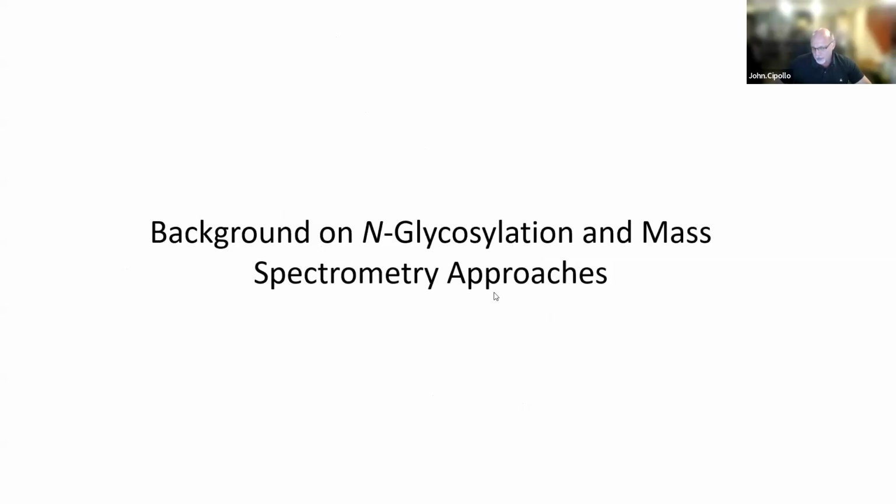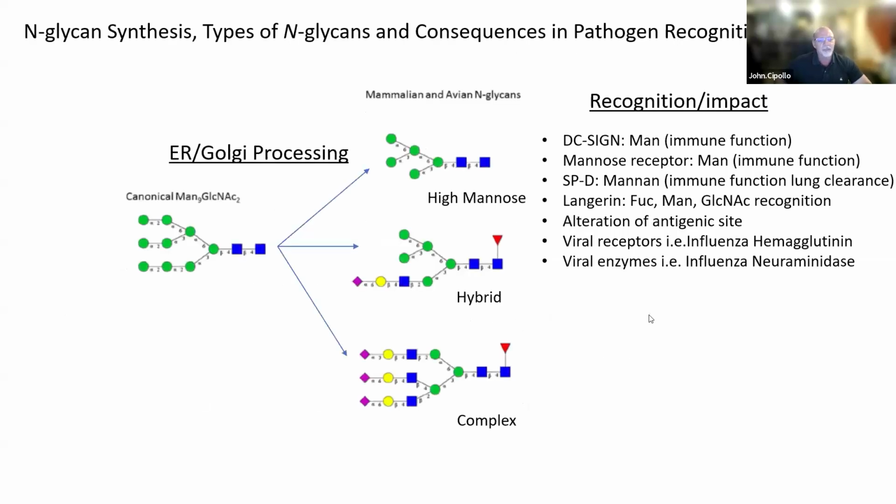Okay, so this group is probably already fairly familiar with glycosylation, but I want to relate some things about glycosylation that are important to this particular talk: N-glycan synthesis, the types of N-glycans, and the consequences of pathogen recognition events.